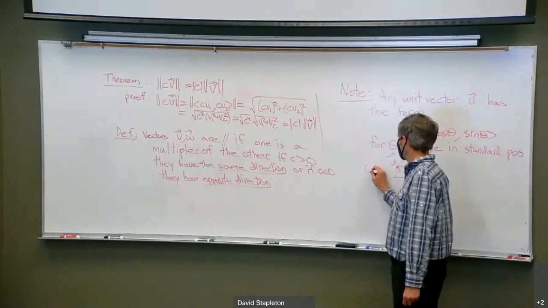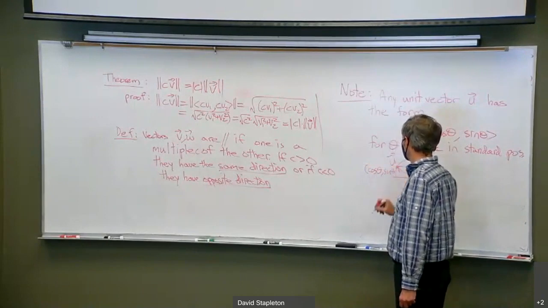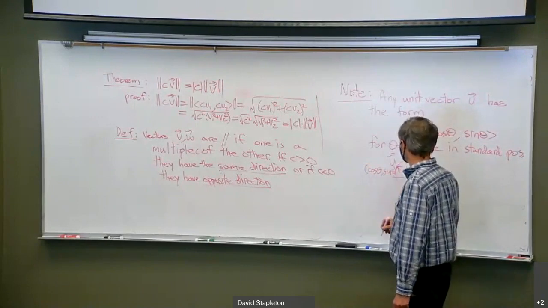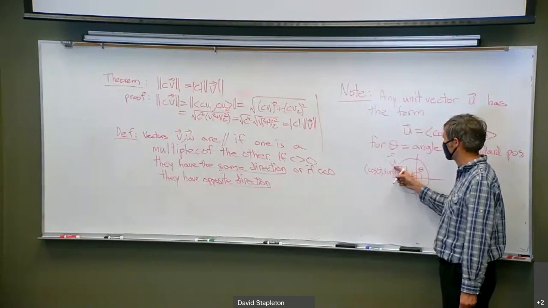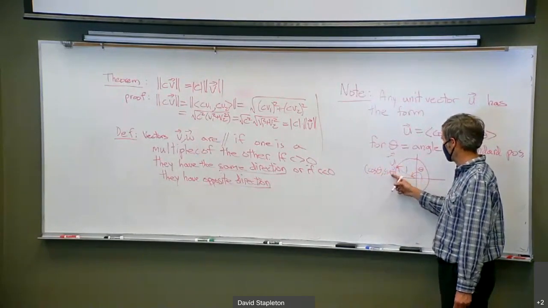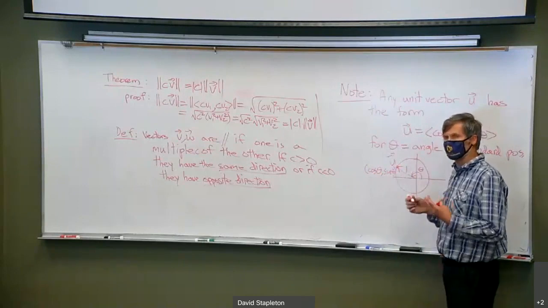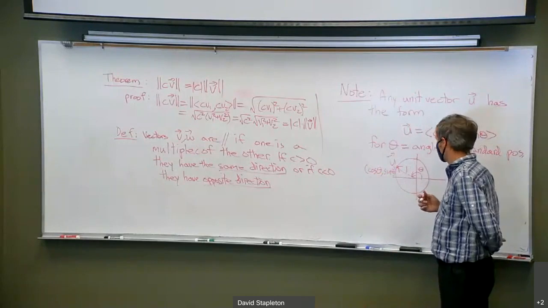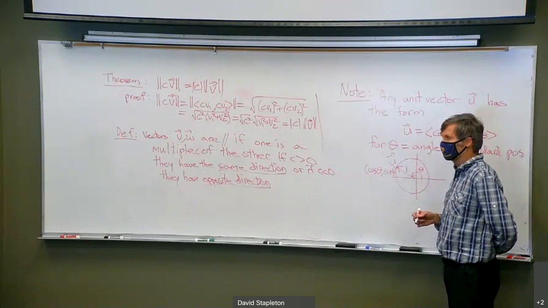We say cosine theta is defined to be the x coordinate and sine theta is the y coordinate. It follows just from this trigonometry definition that any unit vector, since its terminal point is on the unit circle, has components cosine theta, sine theta, where theta is the angle in standard position. This means you can construct a unit vector at any angle you want just by writing cosine theta, sine theta. That's a real convenient thing sometimes.